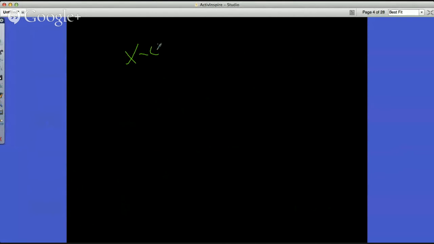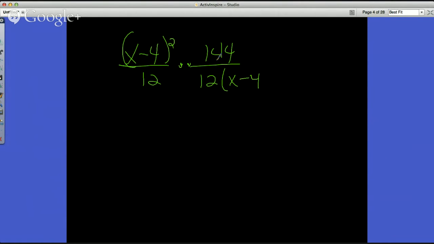Remember when we do this, we should have x minus 4 squared all over 12 multiplied, when we flip, by 144 over 12 times x minus 4, right? Okay, so we flipped it already. Since there is a 12 and a 12, that will get what? Let me backtrack because I think I got ahead of myself.